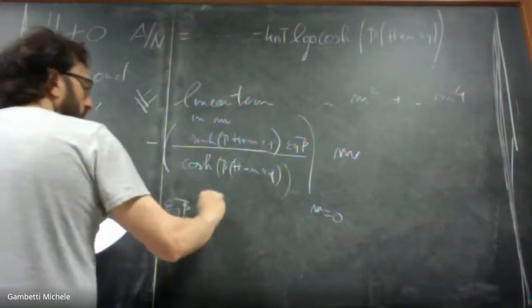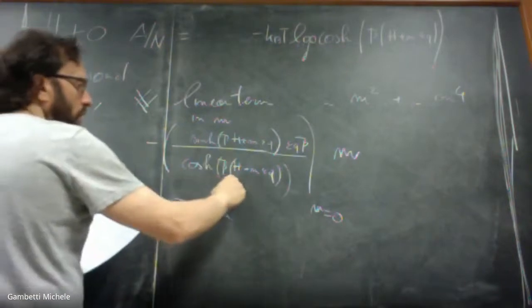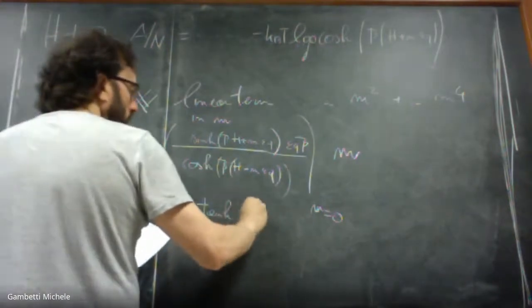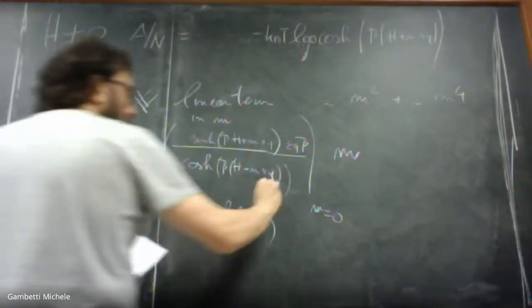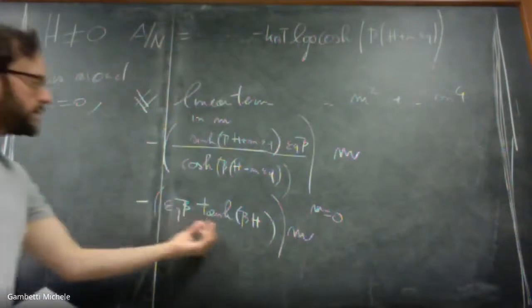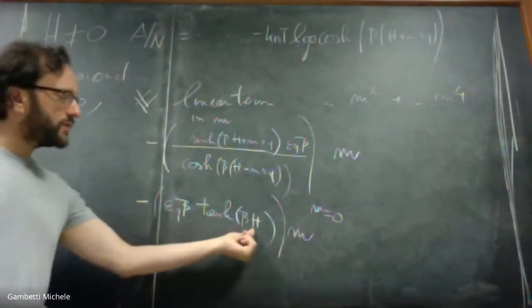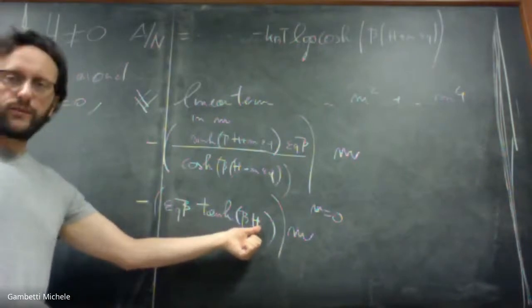And then I have the hyperbolic tangent of beta h, times n. And you see here that this coefficient is positive or negative depending on the value of h.